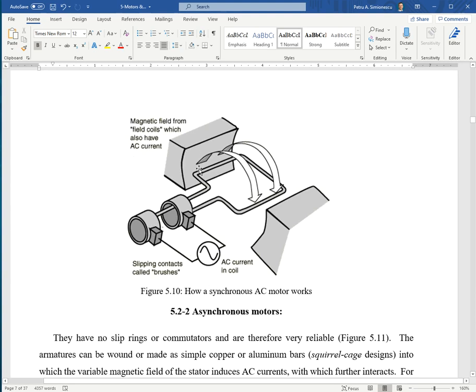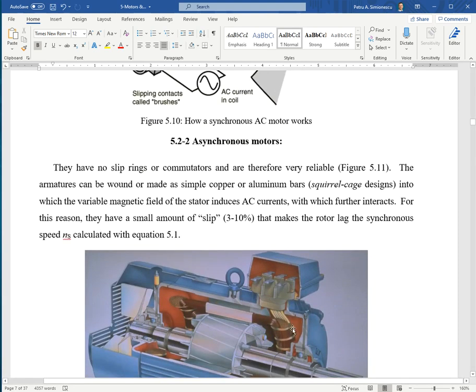So you have the field coils, you have the alternating current, and essentially the coil of the rotor gets locked with the rotating magnetic field and moves with it. Okay, so there is a rotating magnetic field coming from the field coils, and the field from the windings of the rotor locks with it.